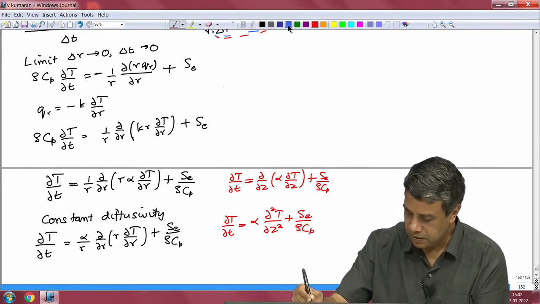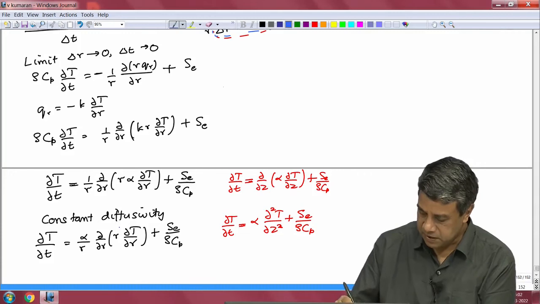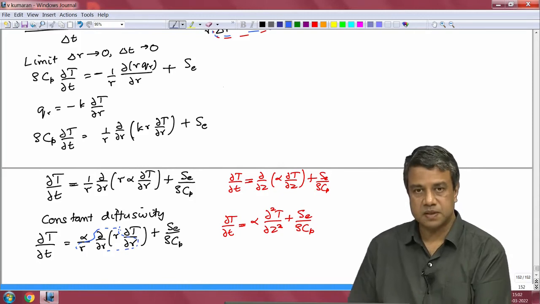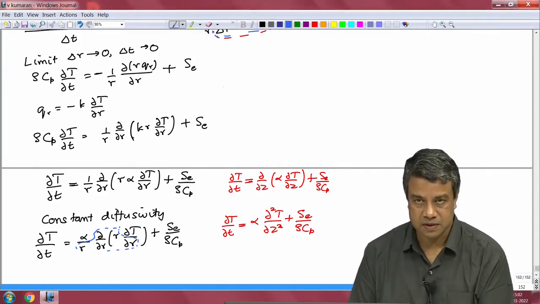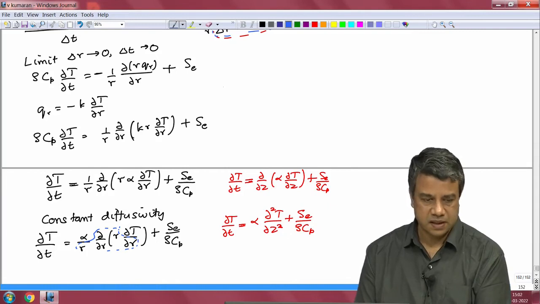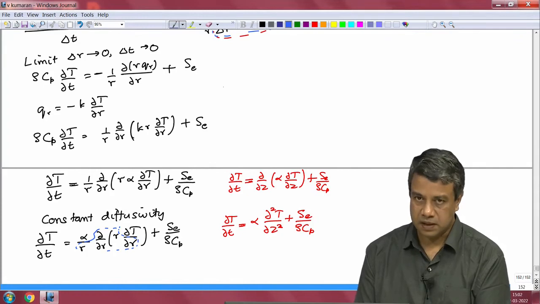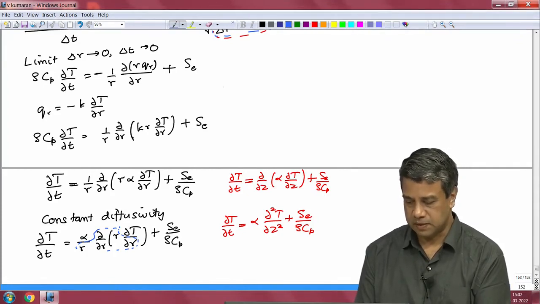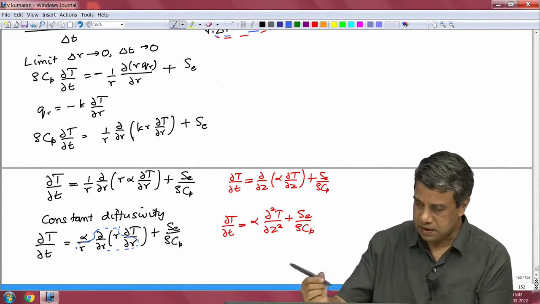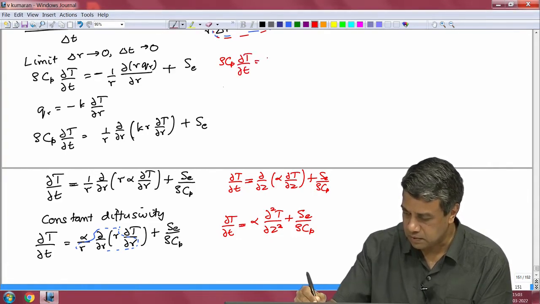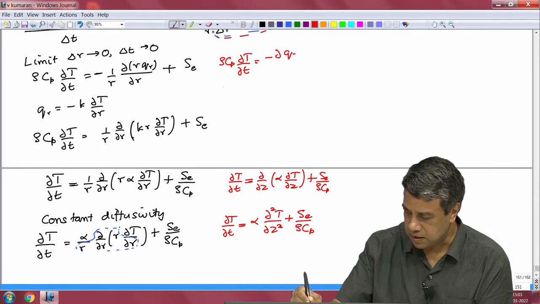Clearly the form of the spatial derivative in this case is much more complicated. Instead of having just the second derivative, we have 1 over r d by dr of r times partial T by partial r. And in the Cartesian case, the equivalent was rho Cp partial T by partial t is equal to minus partial q_z by partial z plus the source.